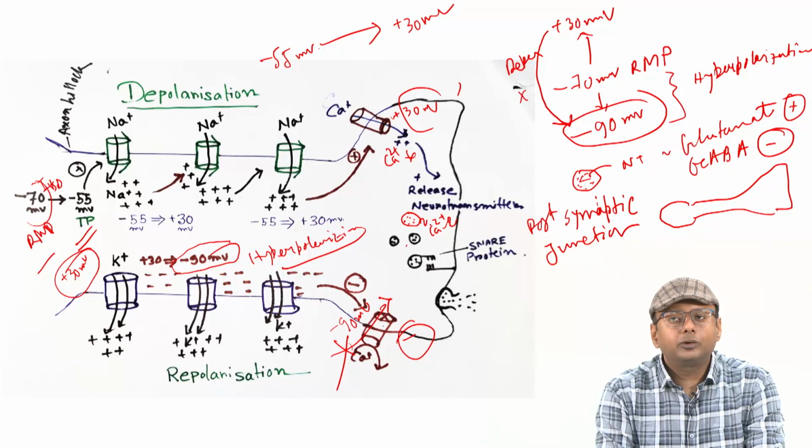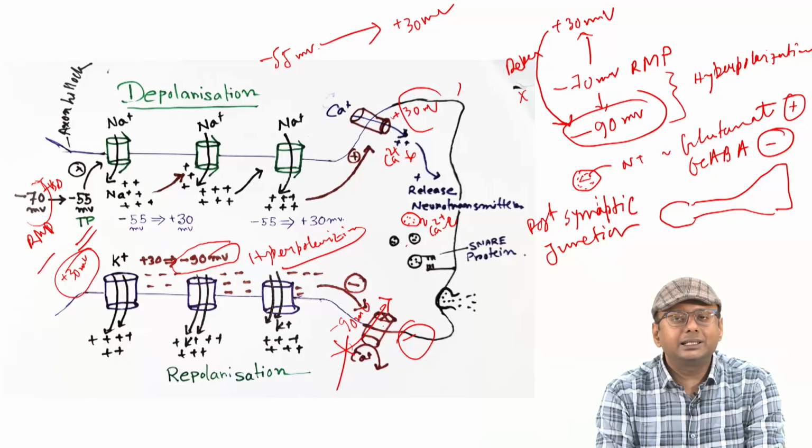They do not have any connection, but whenever the calcium ions come inside, the calcium ion creates a bridge between the proteins present on the vesicles and the proteins present in the membrane of the axonal terminal area.